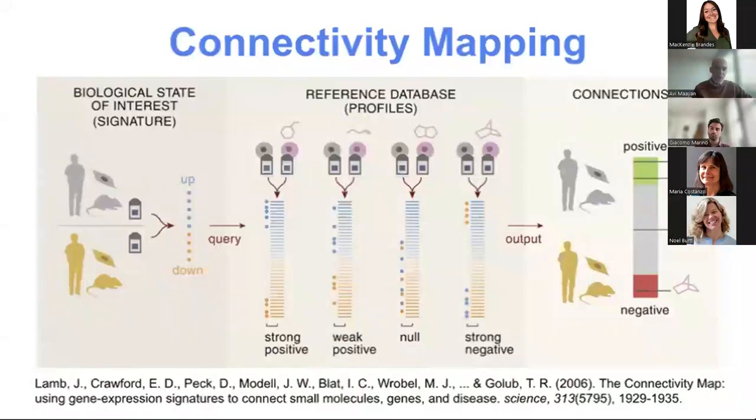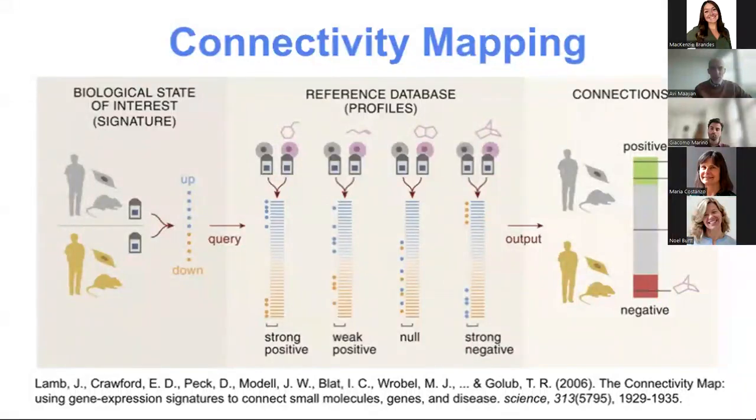So a little bit about LINCS. The concept of LINCS started with this revolutionary, seminal paper from 2006 that came out of the Broad Institute, headed by Todd Golub, and the first author was Justin Lamb. I'm sure many of you have heard about this concept of connectivity mapping. The idea is to build a database where you have collected a massive amount of gene expression signatures for single drugs and other genetic or chemical perturbations.